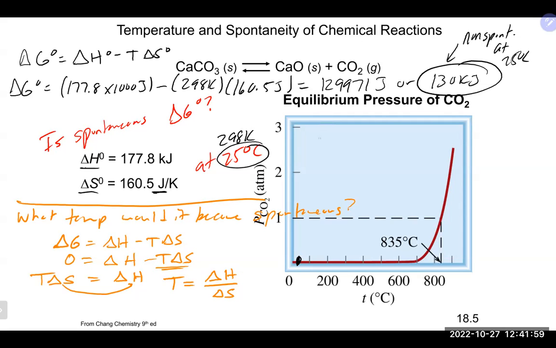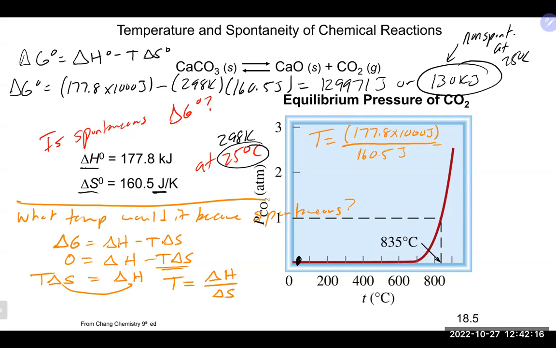Once again, solving for my temperature, I want my delta H to be in the same units. So I am again going to multiply by 1,000 to put them into joules. I'm going to divide it by my delta S, which is already in joules.